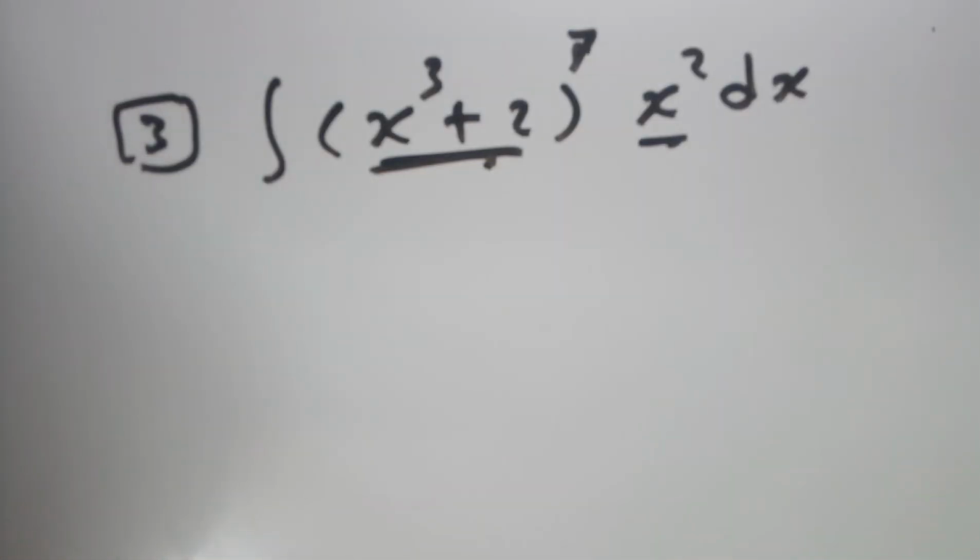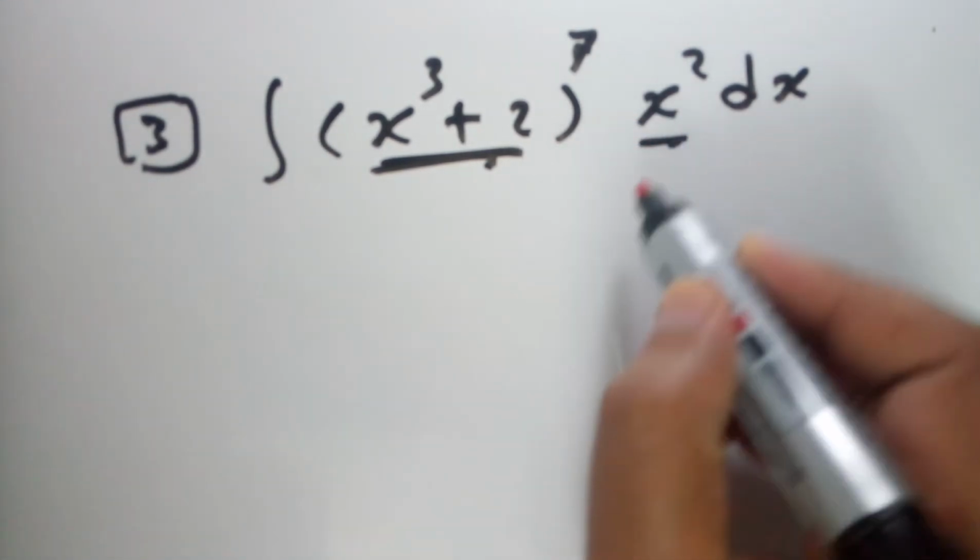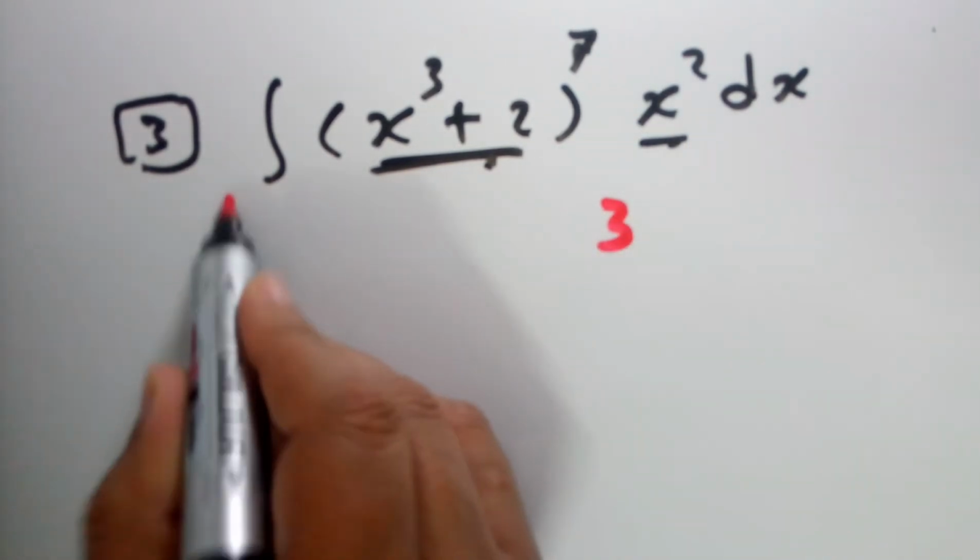Then you must multiply and divide. A way to get the derivative of x cubed is by multiplying x squared by 3 and dividing by 3 outside.